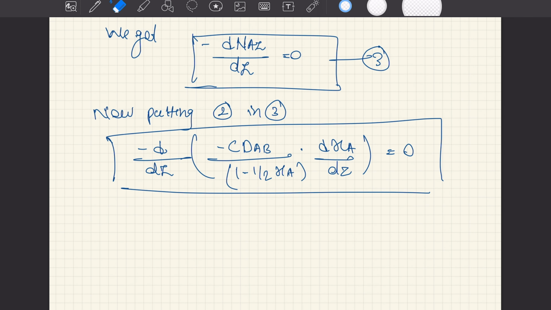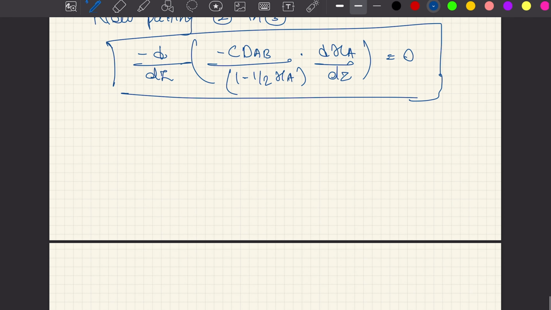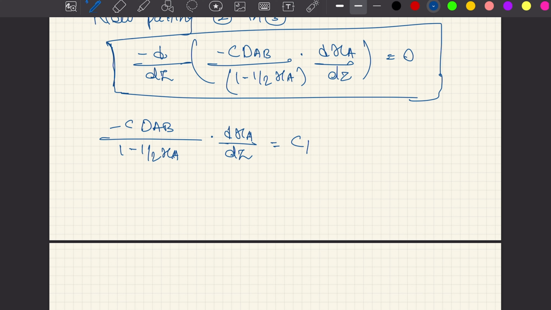Now as we did in heat transfer and in momentum transport, we would do the same: double integration. On first integration we get one constant, that is minus C D_AB upon 1 minus half of x_A equals to C1.